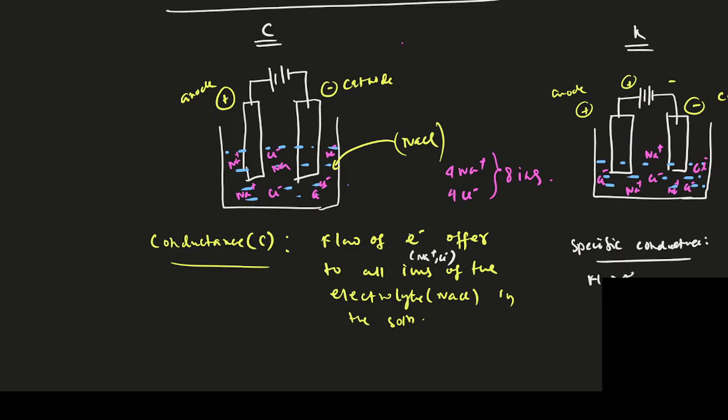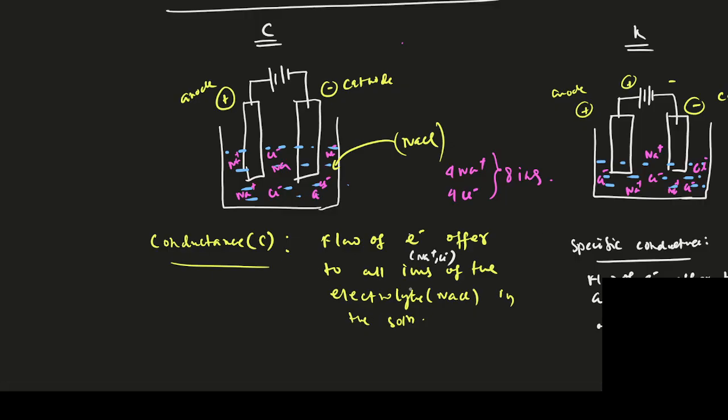Flow of electrons offered to all ions, let's say here Na plus and Cl minus of the electrolyte NaCl, in 1 ml of solution.